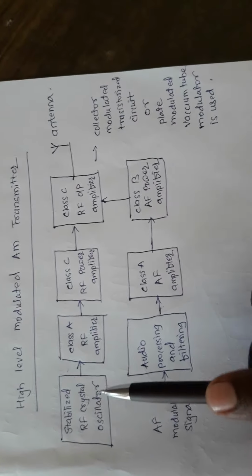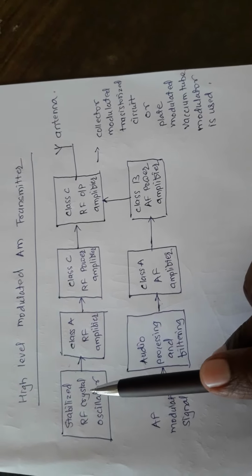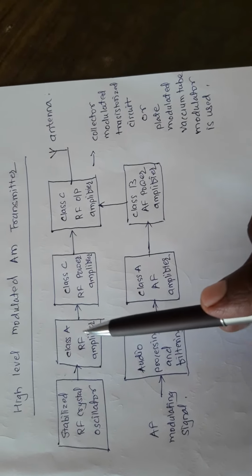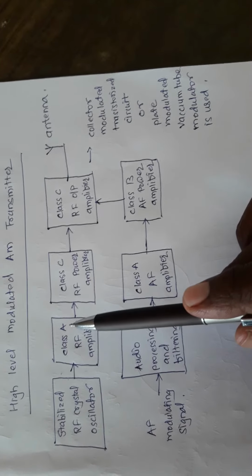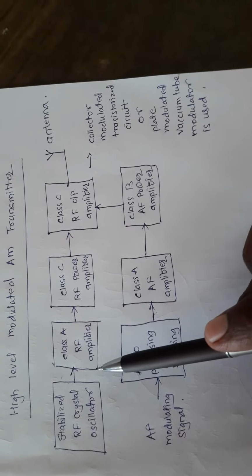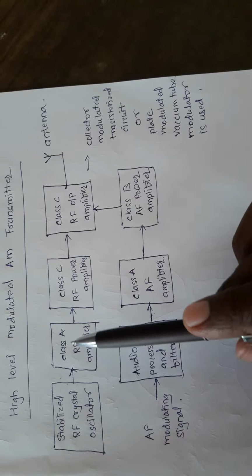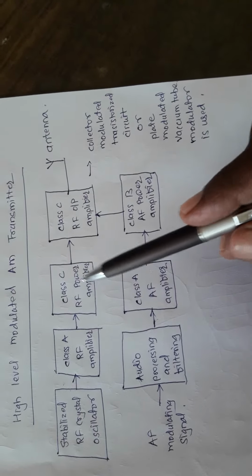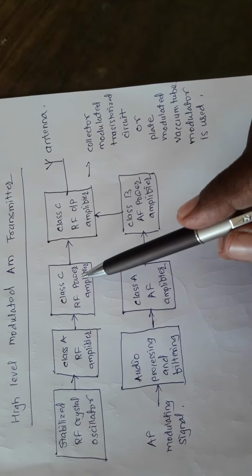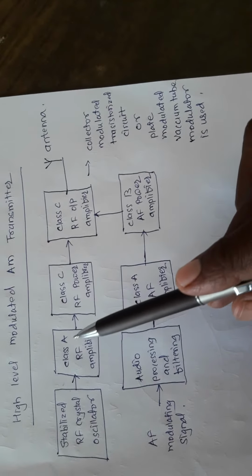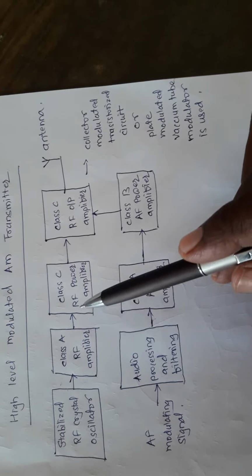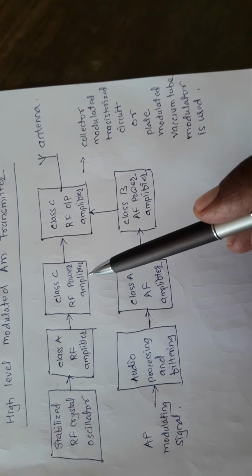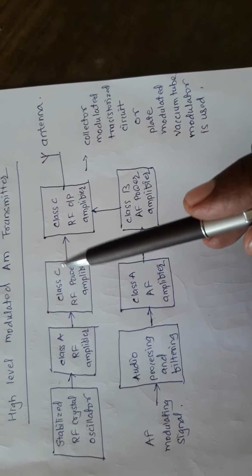Now this carrier frequency is applied to the class A RF amplifier. The function of the class A RF amplifier is to increase the voltage level of the carrier signal to a level acceptable for the class C amplifier, which is a power amplifier. From the class A RF amplifier the carrier signal is given to the class C RF power amplifier, where the power amplification takes place.